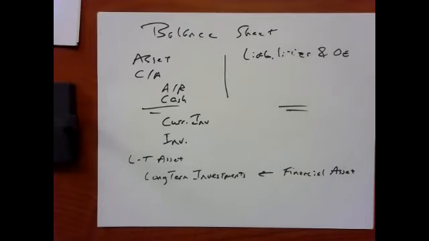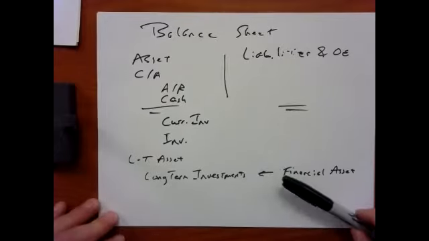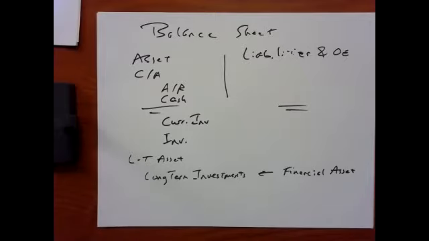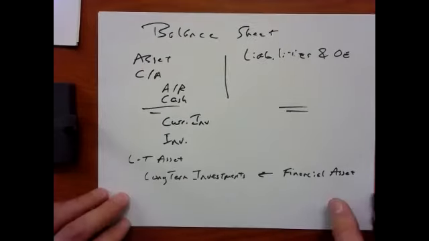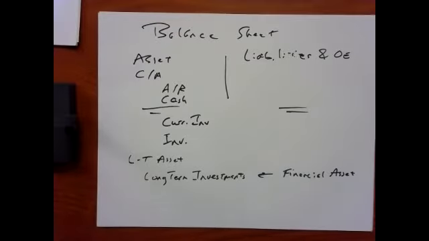But for-profit entities tend not to hold large long-term asset funds. Not-for-profits do, and I'll show you a real not-for-profit balance sheet in a little bit. But you'll see they have this large amount of money stashed away in long-term investments.